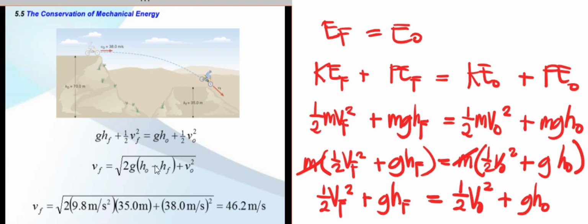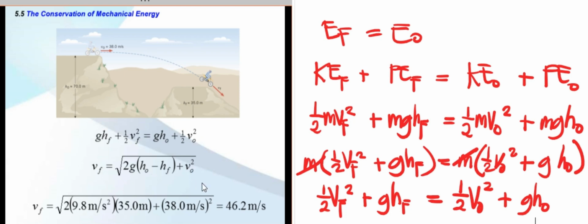By deriving an equation for v final, v final will be equal to the square root of 2g times the quantity h sub o minus hf, plus v sub o squared.